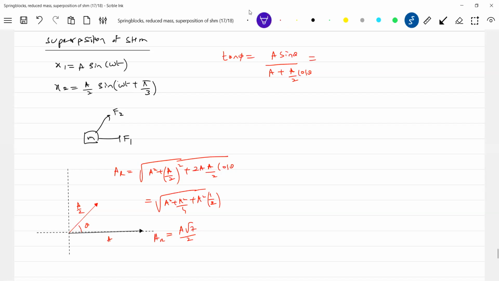Okay, am I right? Put theta 0, it should be the resultant; put theta equal to 90.